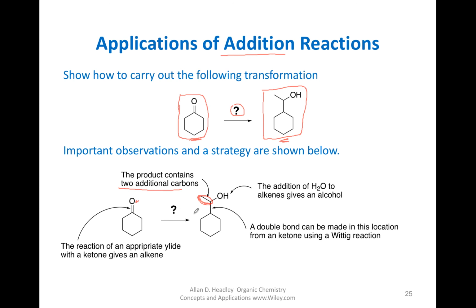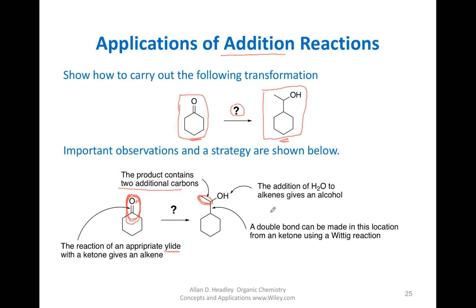The other aspect here is that the reactant molecule has a carbonyl. The product molecule does not. We know from experience we can convert a carbonyl to a carbon-carbon bond by using a ylide. That's called the Wittig reaction. So it's coming together here.